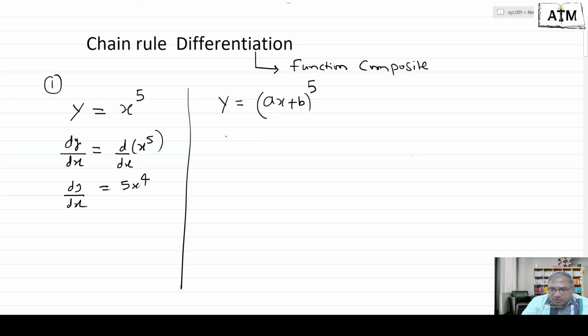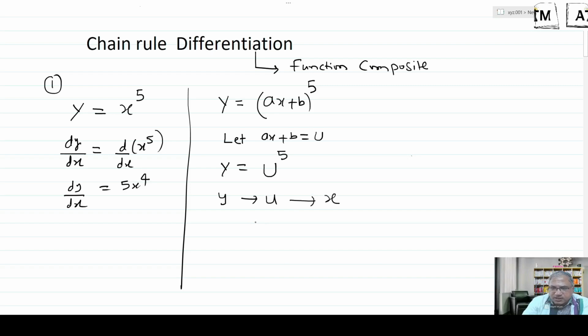For that, we have to convert it. Example, let ax plus b equals u. Then it becomes y equals u raised to 5. Now you see that y depends upon u and u depends upon x. In such a case, we need to apply the chain rule.